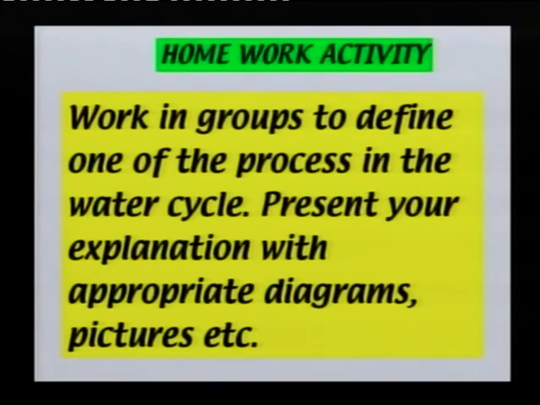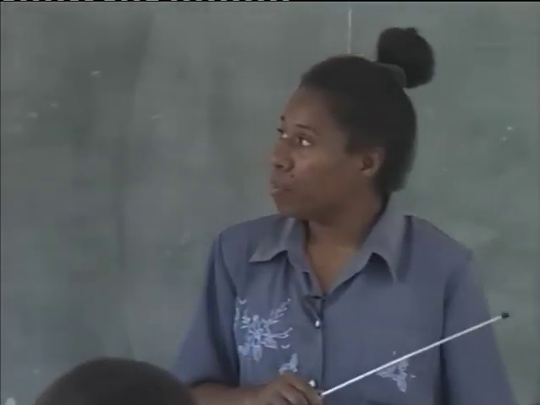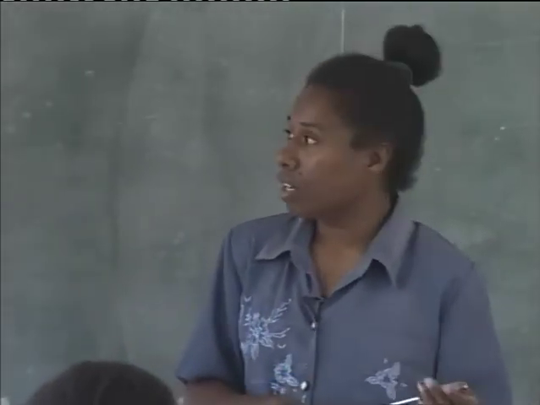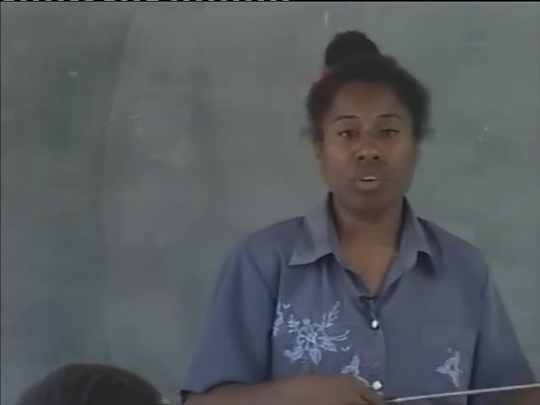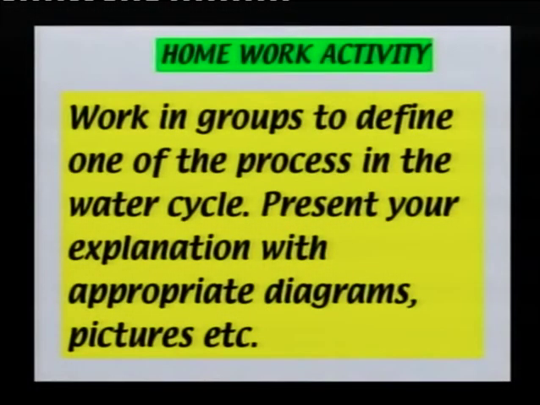Okay, look at the instruction on what you are expected to do so that we have a good explanation of those processes next week. You have been given a process to work on in the water cycle. Your task now is to ensure that you explain well to the class what that process involves.